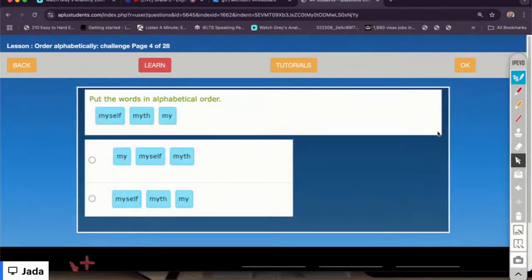All right, so we have myself, me, and then my. So what is the right order for this? So we have my, myself, and then me. So which one comes first?